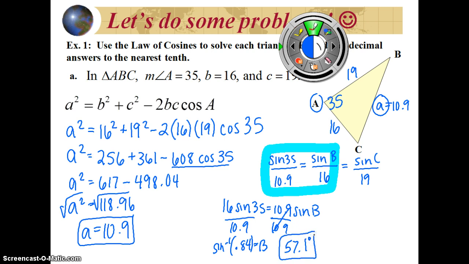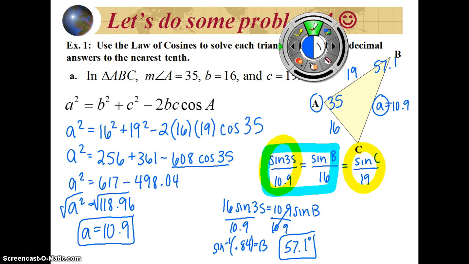Now you would do the same thing to find angle C. We would set this one and this one equal, and then we cross multiply and find angle C. Or you can simply just do your calculations up in your triangle. If this angle is 57.1, I can certainly find my missing angle by just subtracting those from 180.